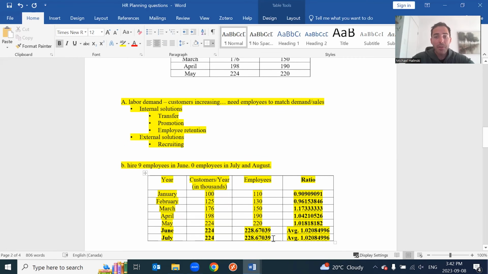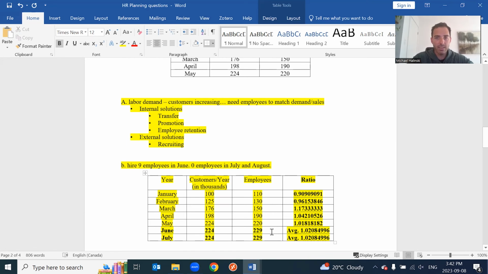Now the important thing here is that you can't have 0.67 of employees, so you always round up. If it was 0.07 or 0.17, you always round up. So in this case, it would be 229 in terms of the number of employees you need to maintain that number of customers.